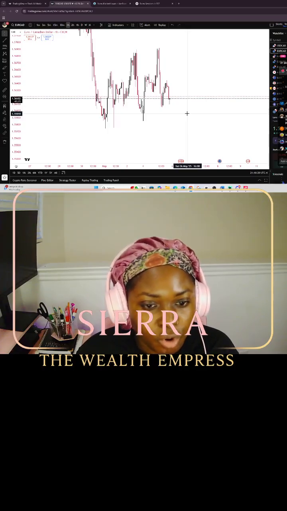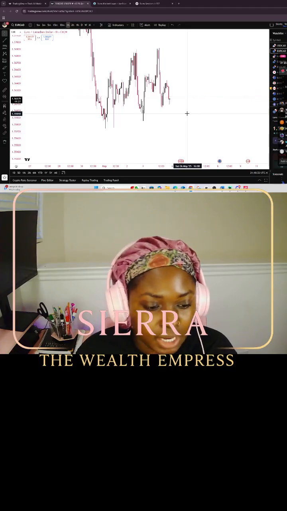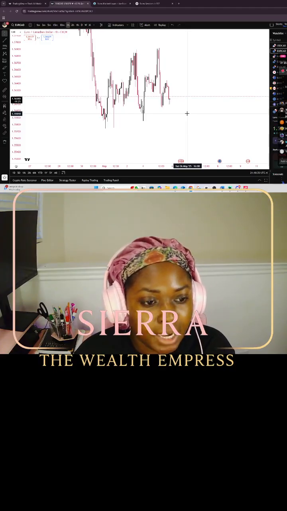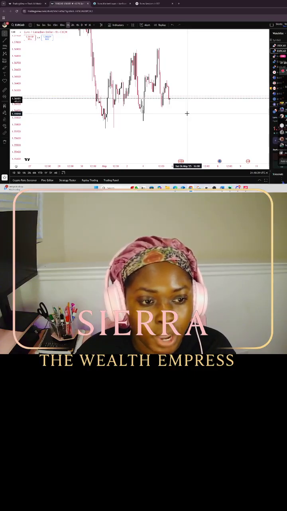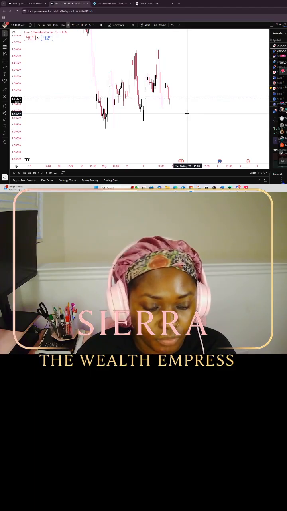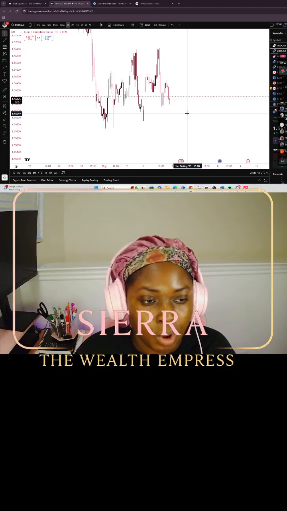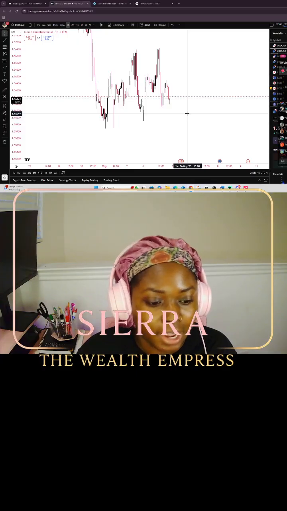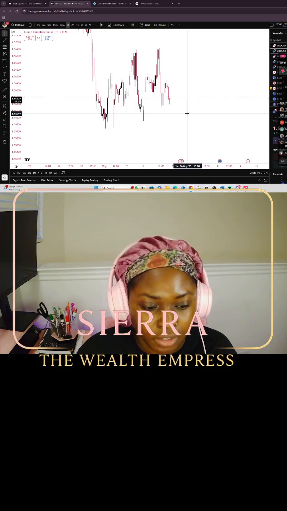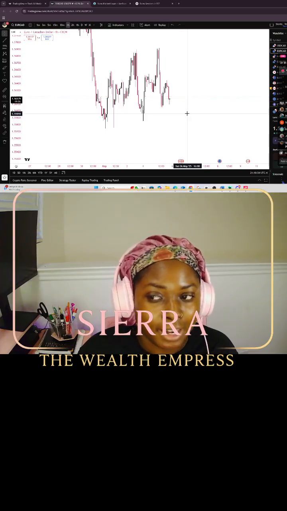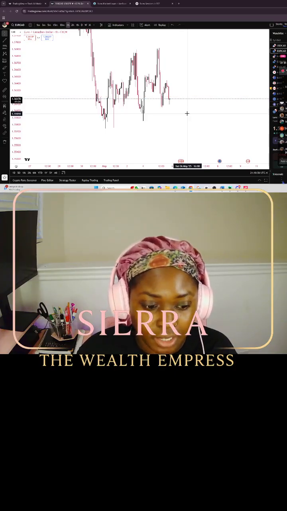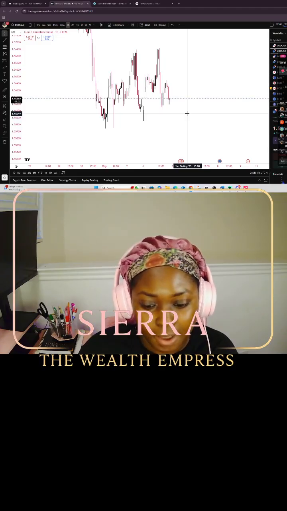And then you go from micros to minis. Okay, a mini is anywhere from 0.10 to 0.99. 0.10 is a dollar, okay, and 0.99 is $9.90, okay.